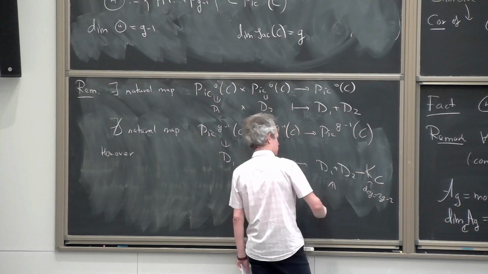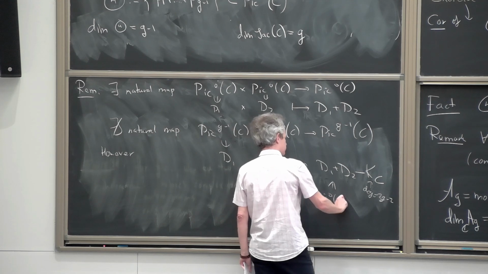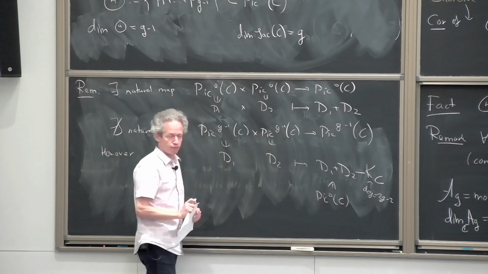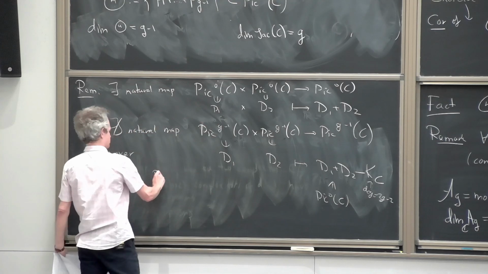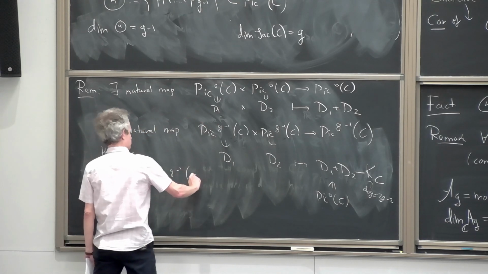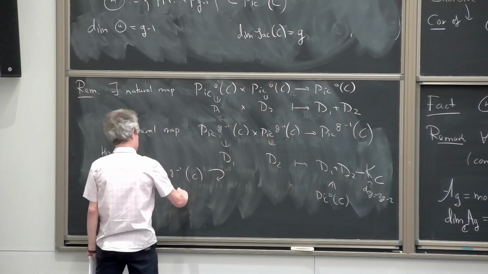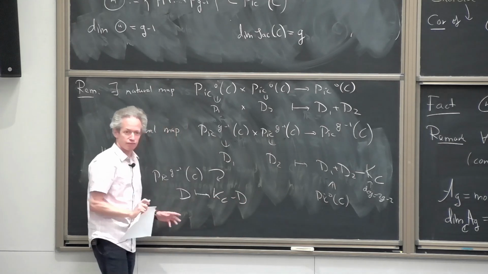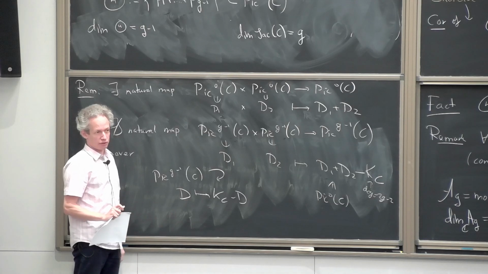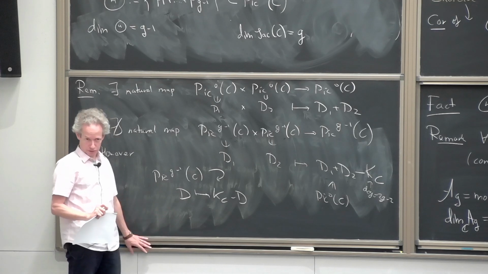So this gadget lies in Pic^0(C). Okay? Moreover, Pic^(g-1) has a natural involution. Just take D to the canonical minus D.